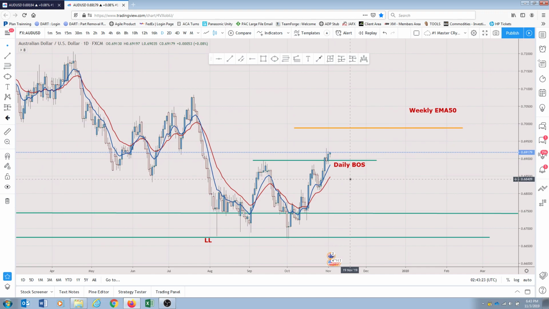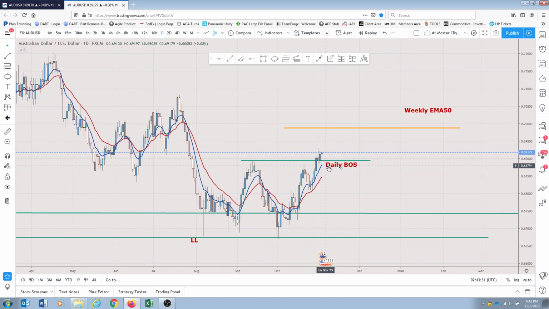That's why, again, we don't trade based on the lower time frames. We base our trades on the higher time frames. A daily break of structure is significant compared to a lower time frame break of structure, or a 4-hour break of structure is more significant or stronger than a break of structure in a 30-minute time frame.